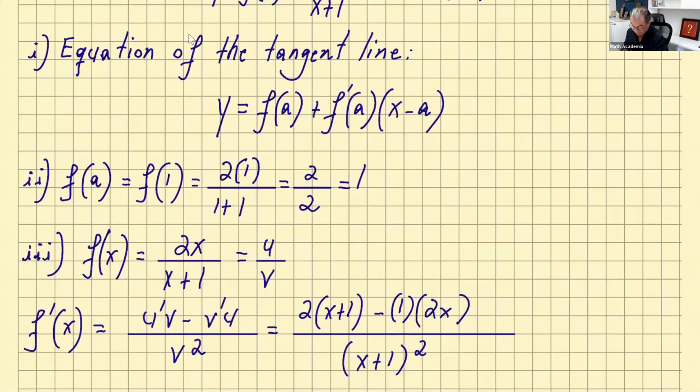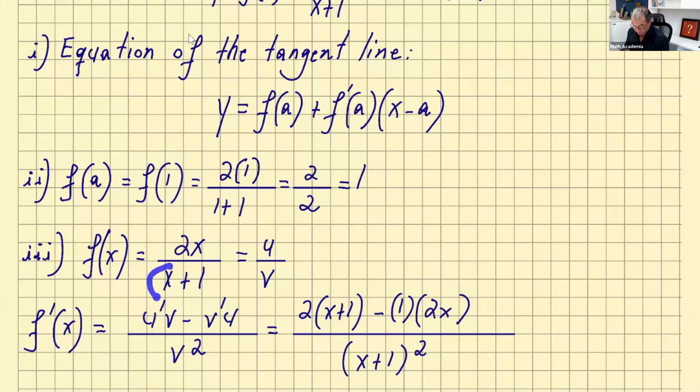Then what you need is f prime of a. So you find the derivative of f of x first. f of x is 2x over x plus 1. That's u over v. So f prime is going to be u prime v, which is 2 times x plus 1, minus v prime u.